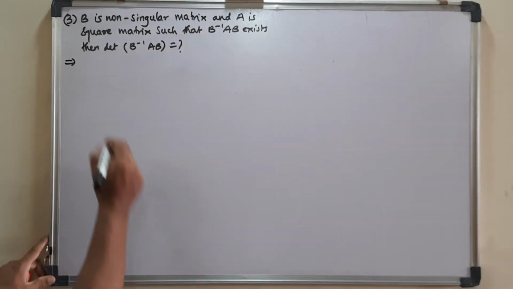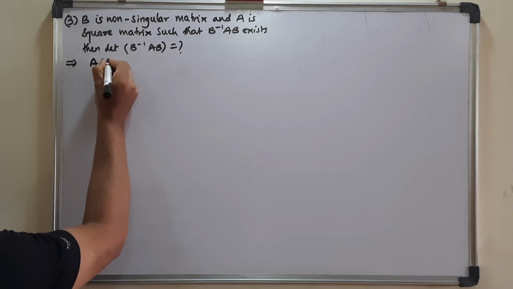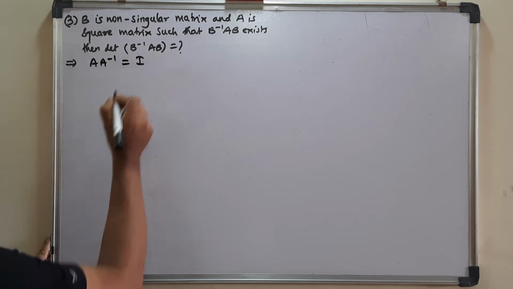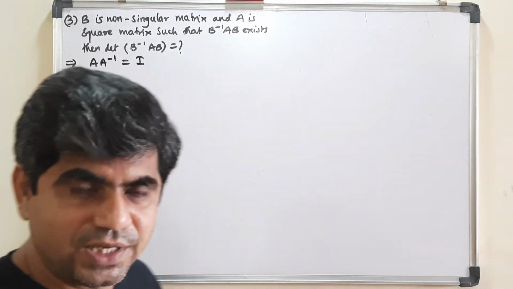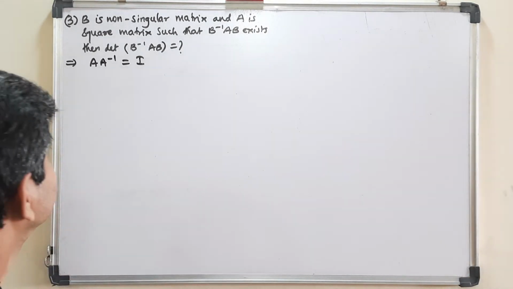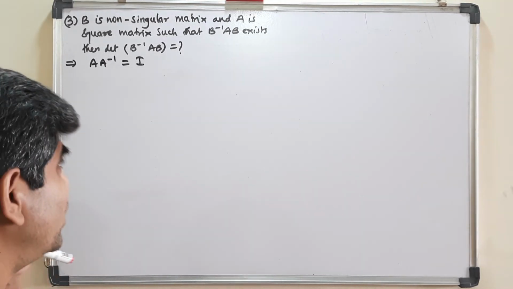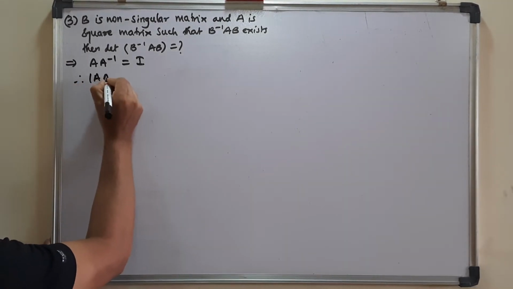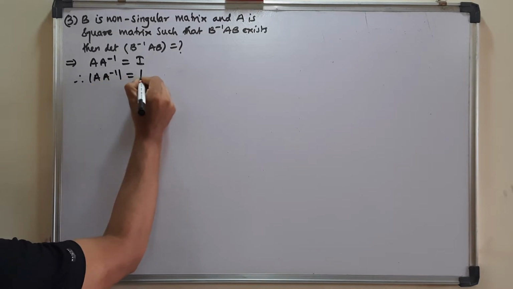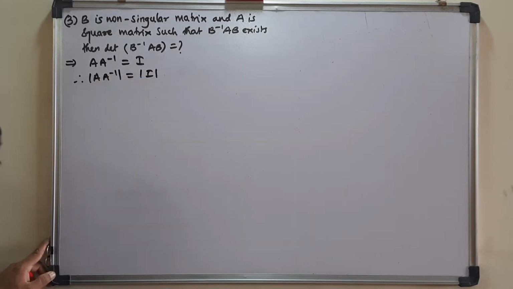I know that A into A inverse is the identity matrix. I am deriving it also so that it can be used immediately over here. So A into A inverse is equal to the identity matrix. Therefore the determinant of A into A inverse is equal to the determinant of the identity matrix.